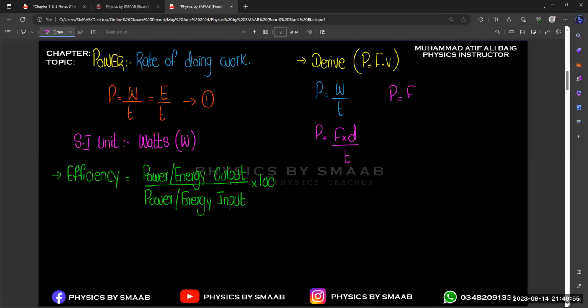If we combine the two quantities, distance over time, you will get the value of velocity.